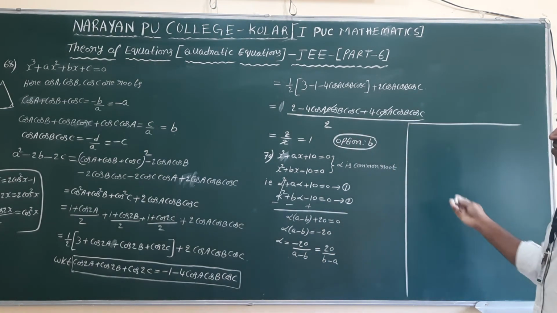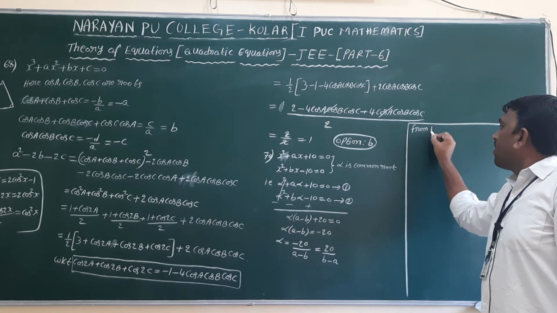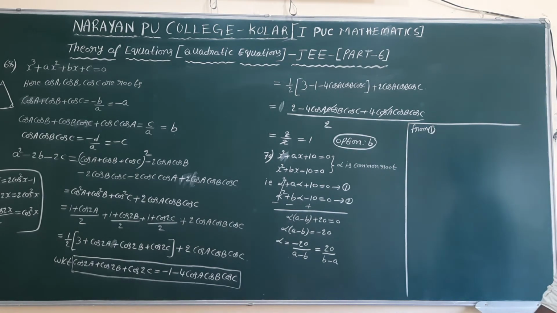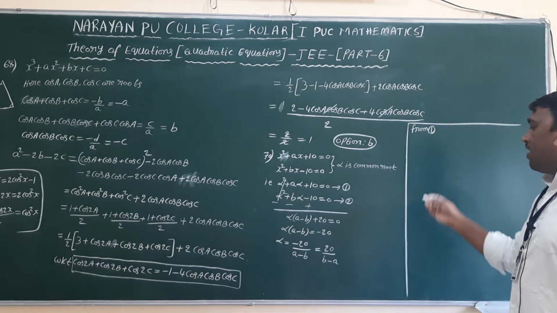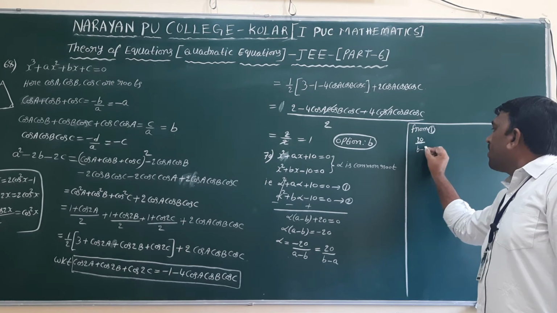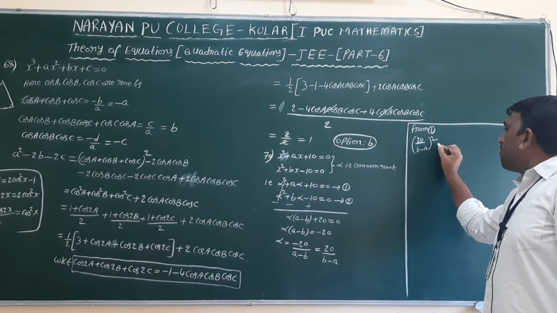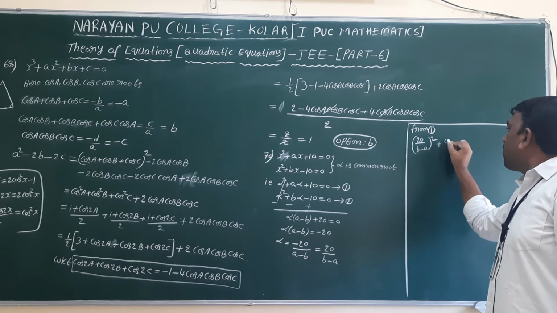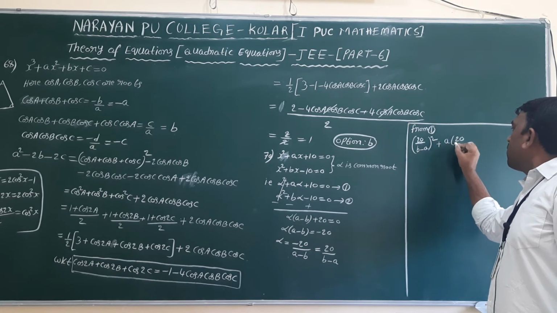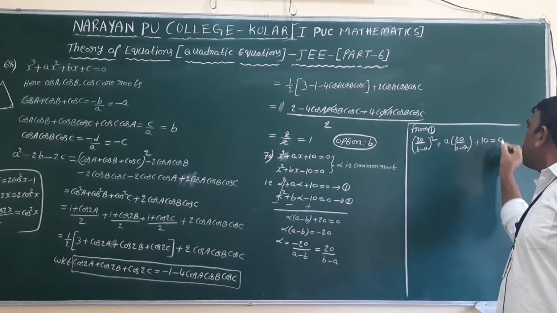So this alpha value substitute in either 1 or 2. From 1, alpha value 20 by b minus a, that you can substitute in 1: alpha square, 20 by b minus a whole square, plus a alpha, a into 20 by b minus a, plus 10 is equal to 0.